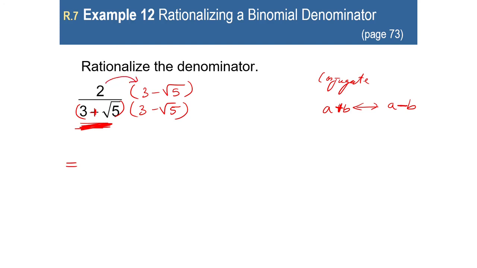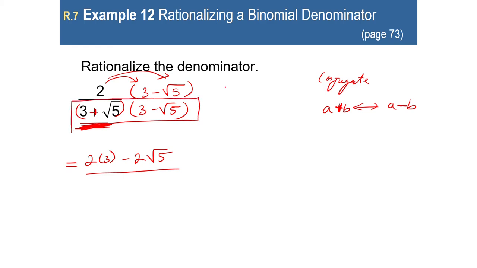For the top, I'll have to distribute. This is 2 times 3 minus 2 times the square root of 5. On the bottom, notice that these are the difference of squares. So I could use our formula from earlier. A minus b times a plus b is a squared minus b squared, the difference of squares again.